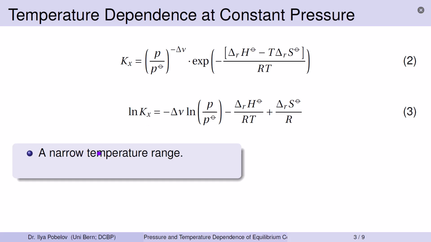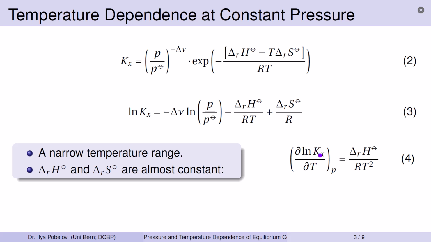When considering a narrow temperature range where both the standard reaction enthalpy and entropy are almost constant, we deduce the following relationship: the partial derivative of the logarithm of the equilibrium constant with respect to temperature at constant pressure equals the standard reaction enthalpy divided by the product of R and the square of the temperature.